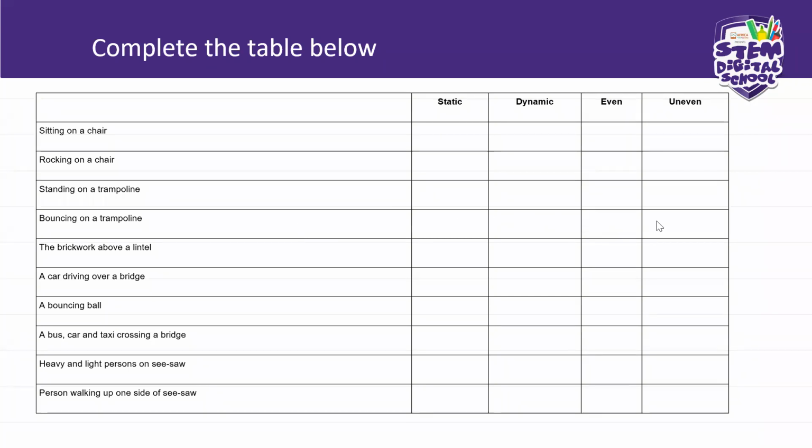Now, is it an even or an uneven load? It is an even load because you will be bouncing from one place to another. It is even load.